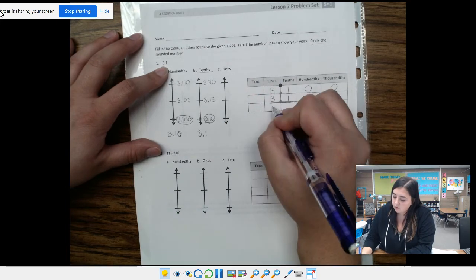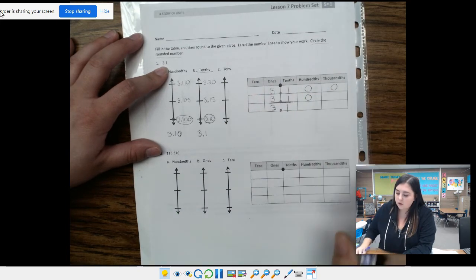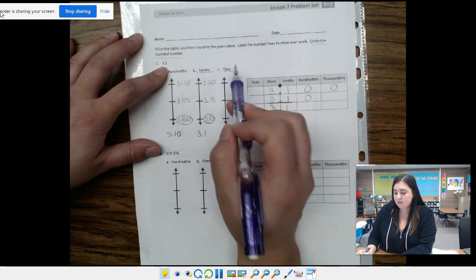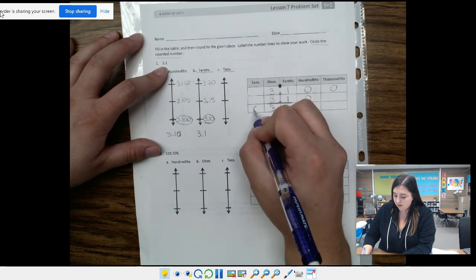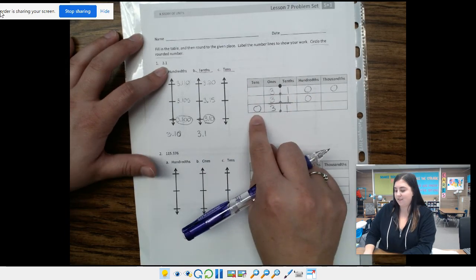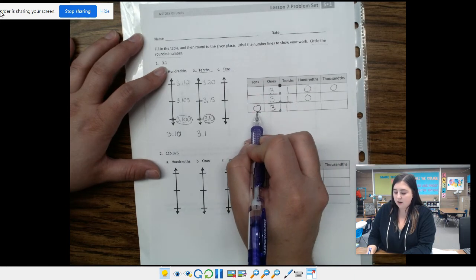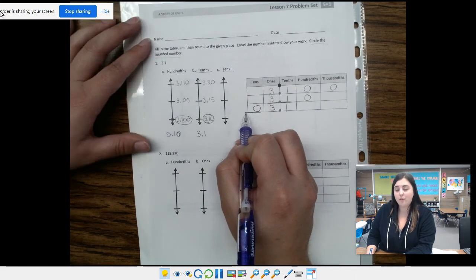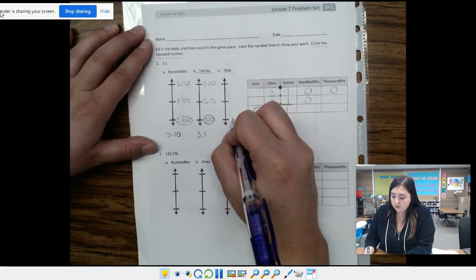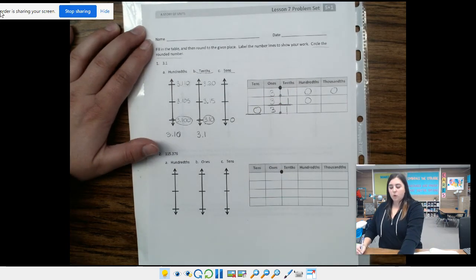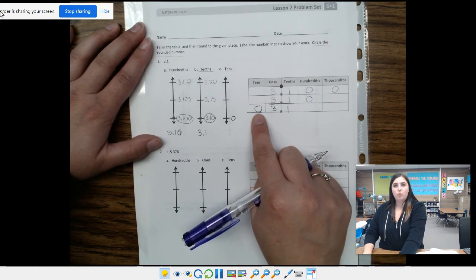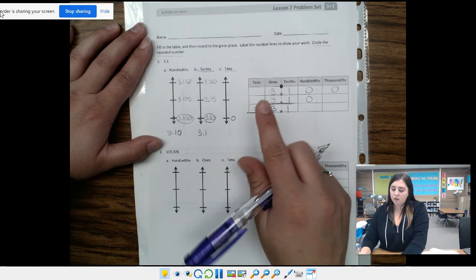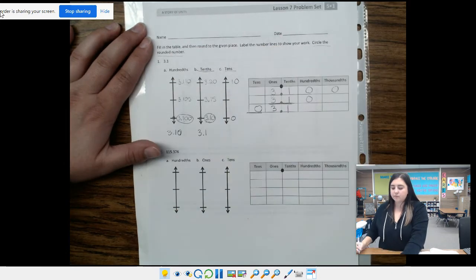3.1, writing it again. Rounding to the nearest tens, not tenths, tens. So look on our place value chart. Where's our tens? Here. I have nothing. So I'm going to do this number and going to the left, but there's nothing before that. So I either have 0 or what would be one more ten? One more than 0 is 1 ten, which looks like this.